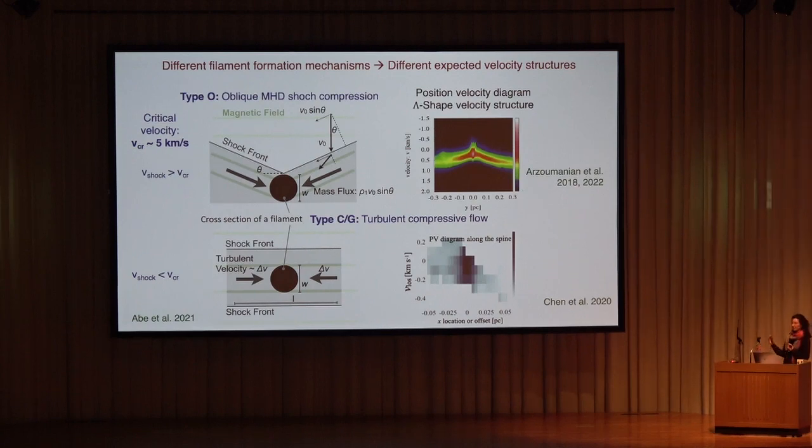But I think it will be very interesting and important to do this statistically within a cloud to see which mechanism is more dominant, because as I said, the evolution of these filaments can be different depending on the shock compression velocity.